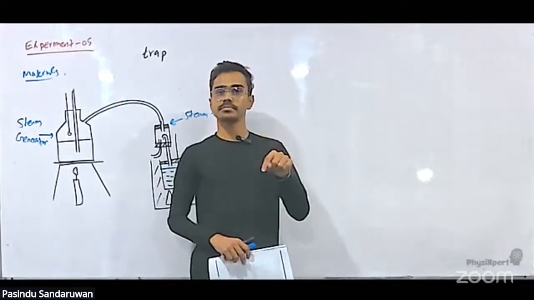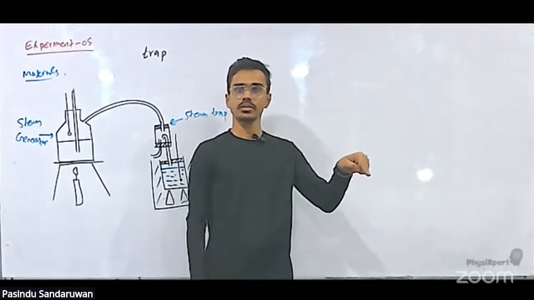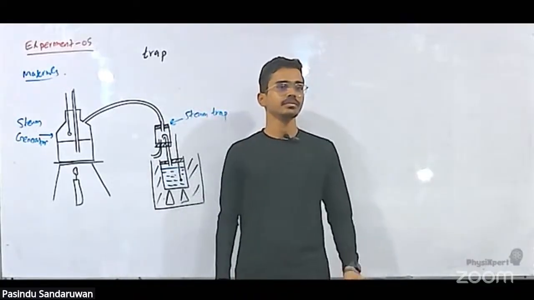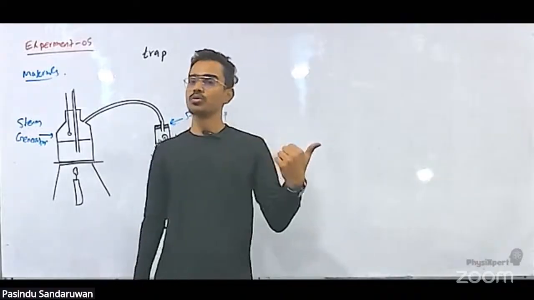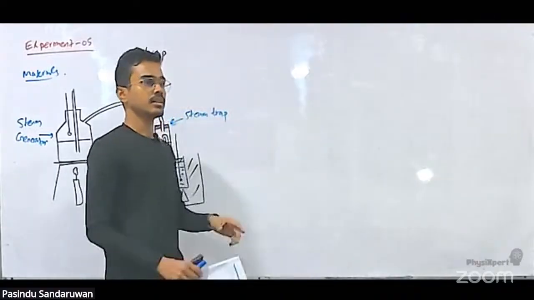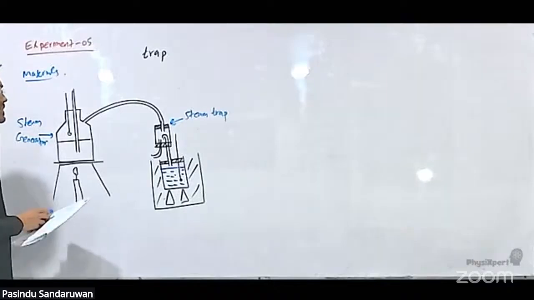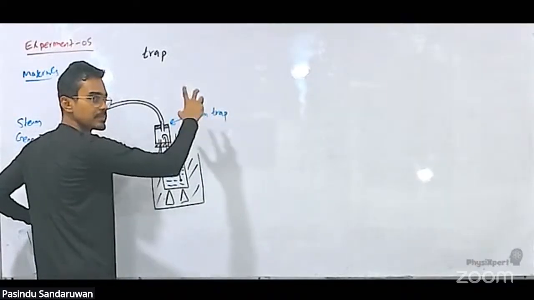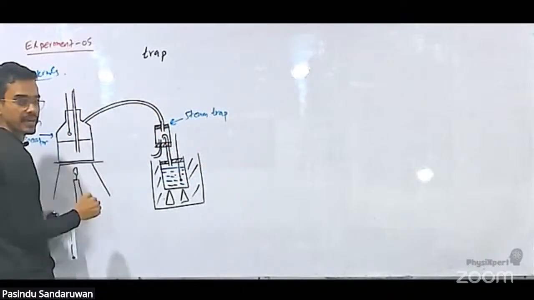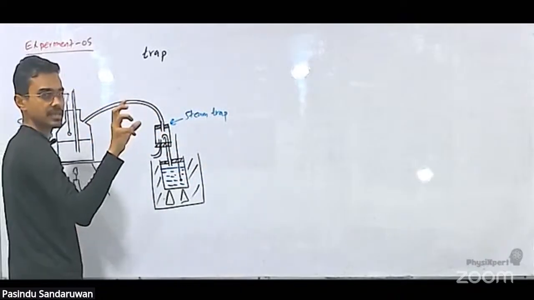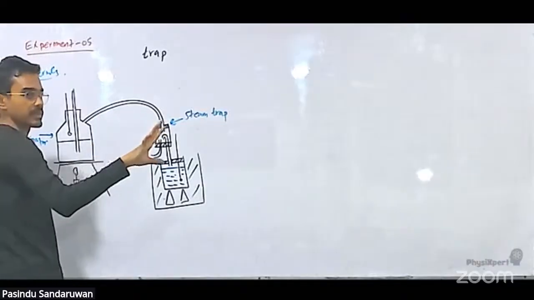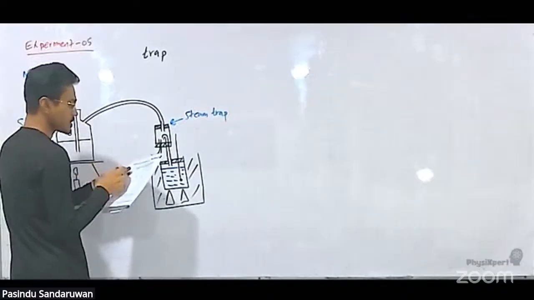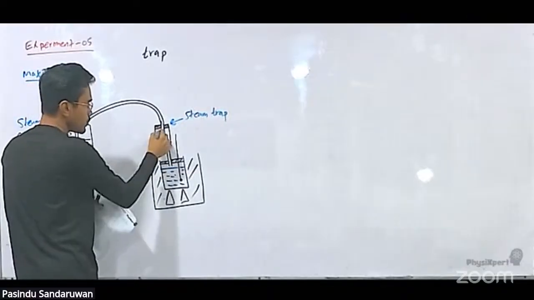Can there be steam at 99? No. Then what is there at 99? Water. So the purpose of using a steam trap is to trap steam. Some amount of steam can be converted to water again if it cools down.